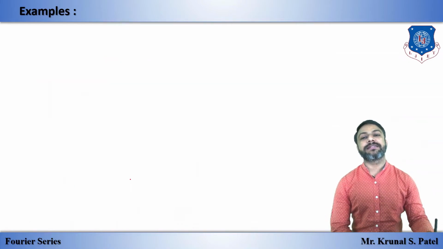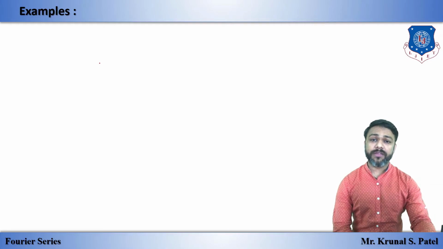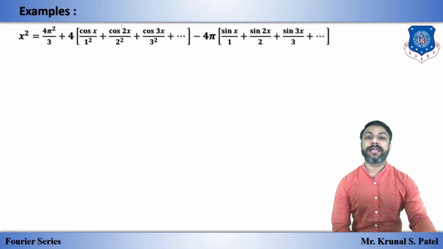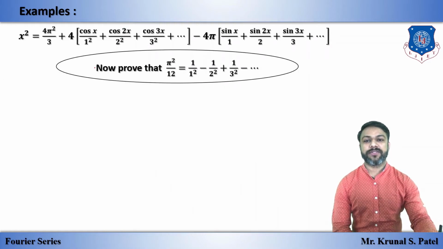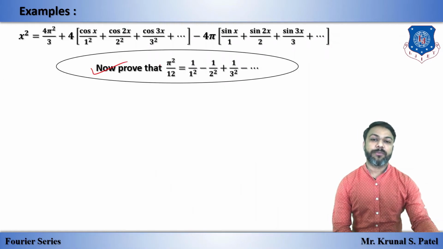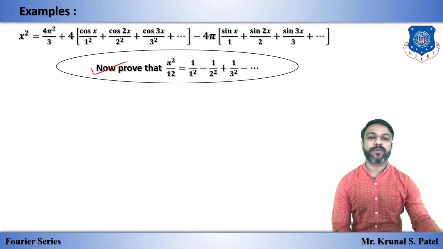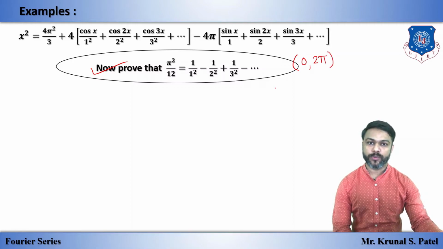Now after getting this series, we have in the question: hence deduce that pi square by 12 is equal to 1 by 1 square minus 1 by 2 square plus 1 by 3 square minus and so on. We have to prove this. How will we get this? We know the interval of this question is given as 0 to 2 pi.